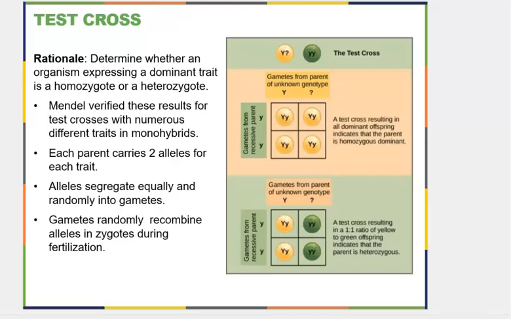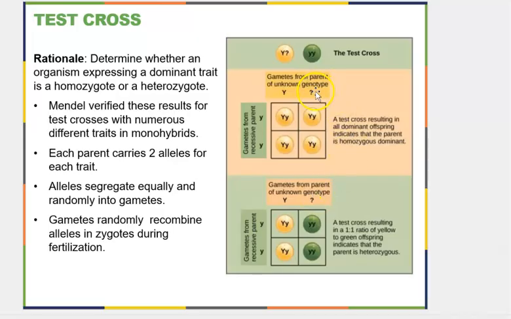Same thing with the Y, right? We're just going to bring these down and you're going to get 50-50. Here, this is one where we don't know what the parent is. But we got a 50-50 ratio of yellow to green. So what's this parent? It's got to be little y.